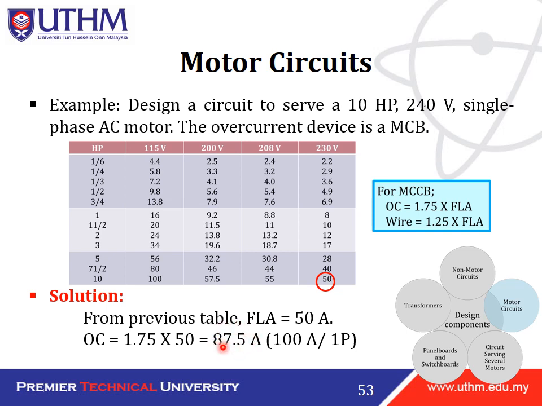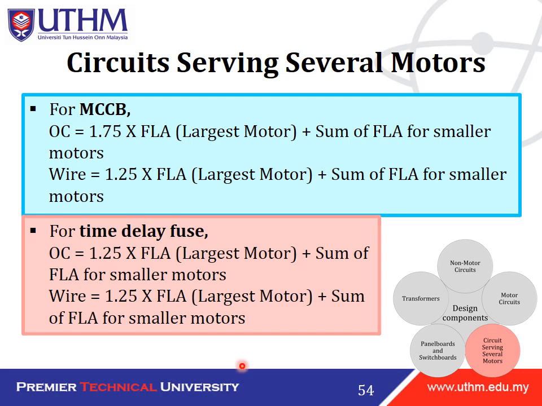We don't have this kind of MCCB, so we use the rated 100 amp with one pole. For wire or cable, we have 1.25 times 50 ampere equal to 62.5 ampere.